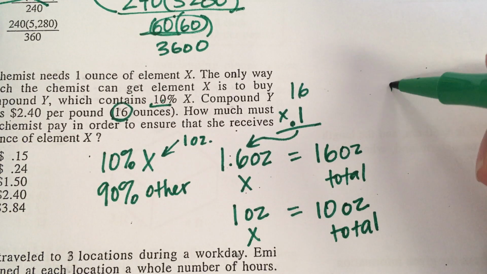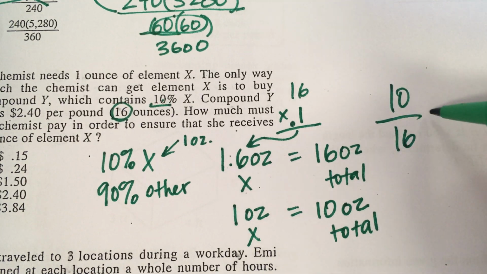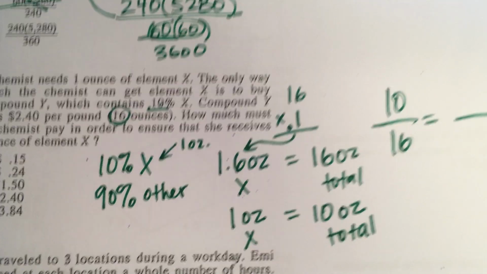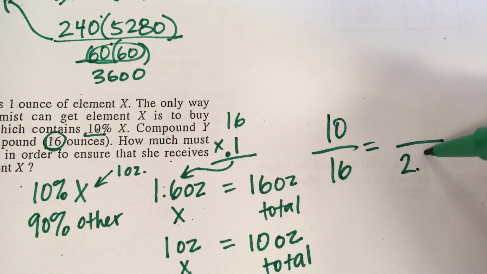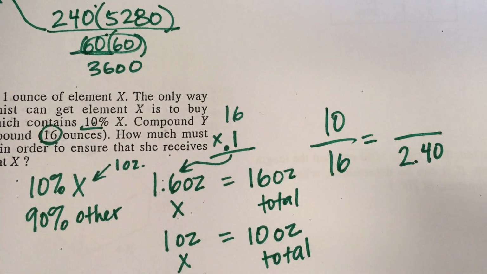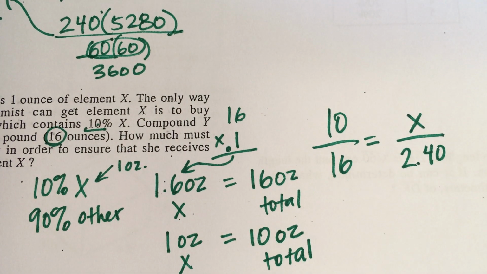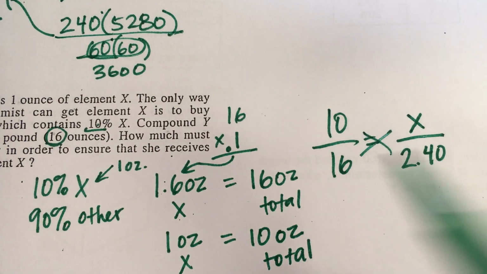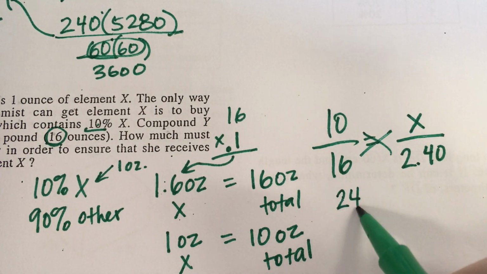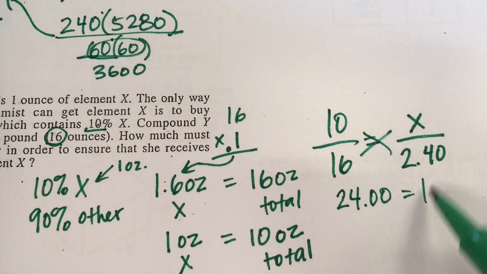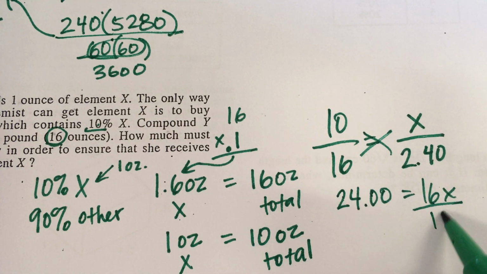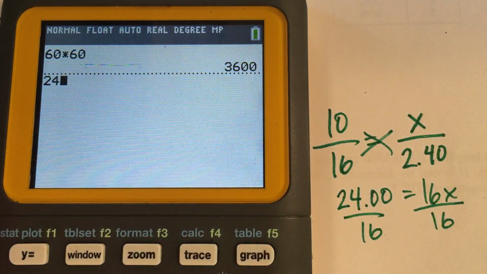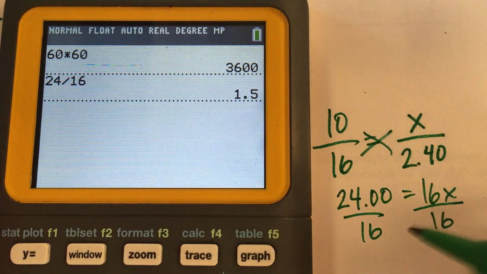So I know that I want 10 out of the 16 ounces, and I know 16 ounces costs me $2.40, right? So I need to know how much 10 ounces is going to cost. So I'm going to cross multiply. I get 2400 equals 16x. Divide by 16. I get 24 divided by 16, 1.5.